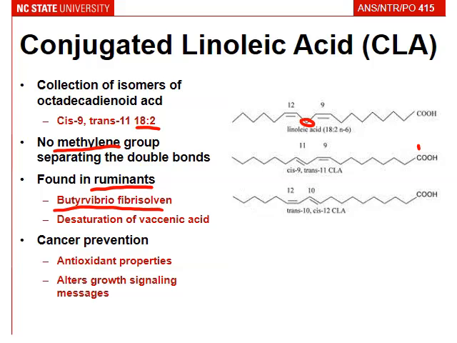And as I said, it is cancer preventative. It has antioxidant properties, and it also decreases the growth of cells. So if you have tumor cells, cancer cells, it actually inhibits the growth. It stops all the signaling molecules for it to keep going through cell proliferation.